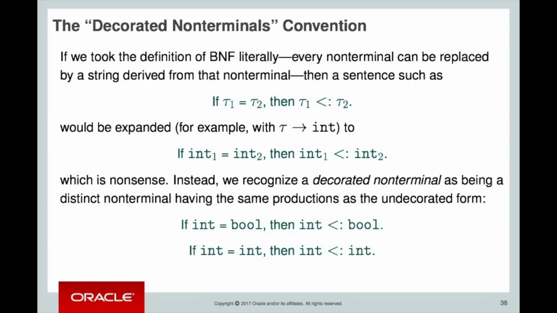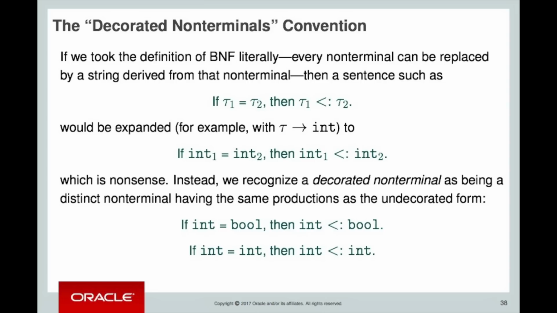Here's a second convention. I call this the decorated non-terminals convention. What I mean by decoration is things like subscripts and primes and hats and other accent marks. If we took the definition of BNF literally, that every non-terminal can be replaced by a string derived from that non-terminal, then a sentence such as, if ta1 equals ta2, then ta1 is a subtype of ta2, and if we chose ta to be expanded to int, then this would expand to, if int sub 1 equals int sub 2, then int sub 1 is a subtype of int sub 2.